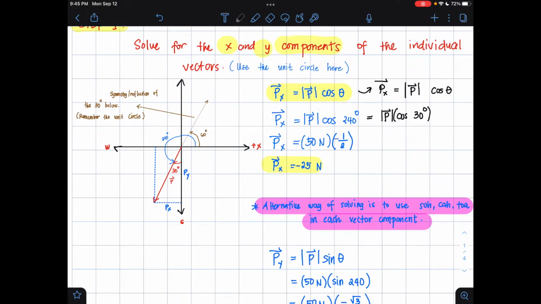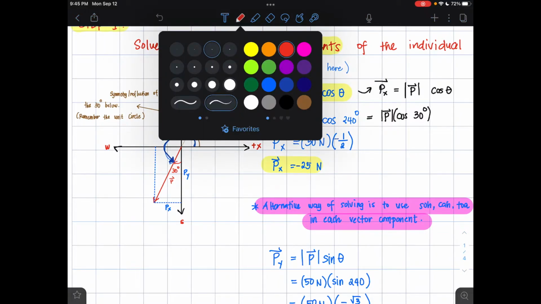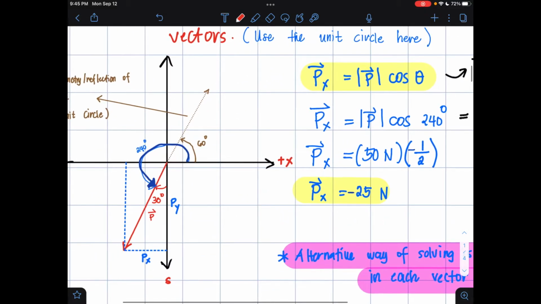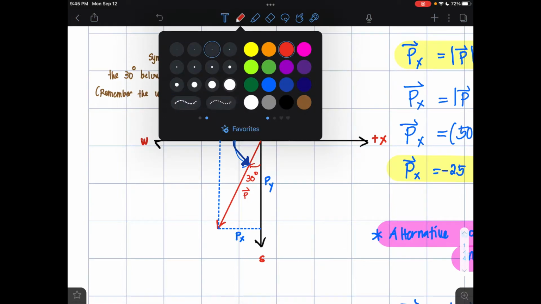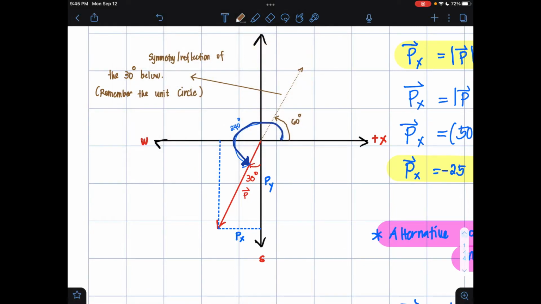Okay. Now, if you notice, the one in blue here, measured from this portion up until here, is actually your 240 degrees. So you can write it as the cosine of 240 degrees. However, class, this angle here is 30 degrees. From what you recalled in our class, the symmetry, or the reflection of that on the first quadrant, the one that I am highlighting here through the broken lines, is just 60 degrees.